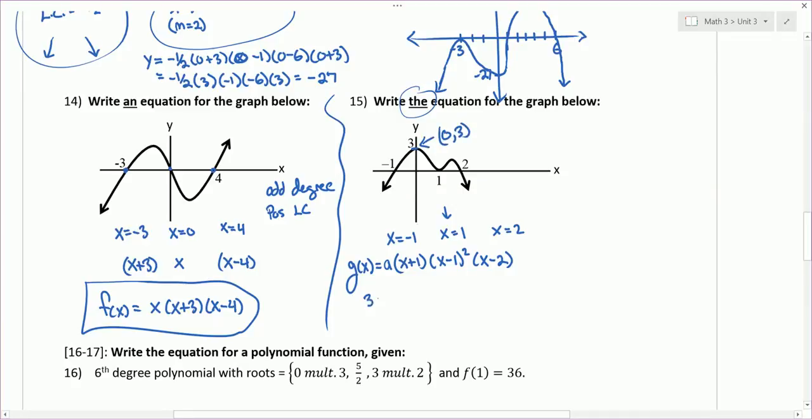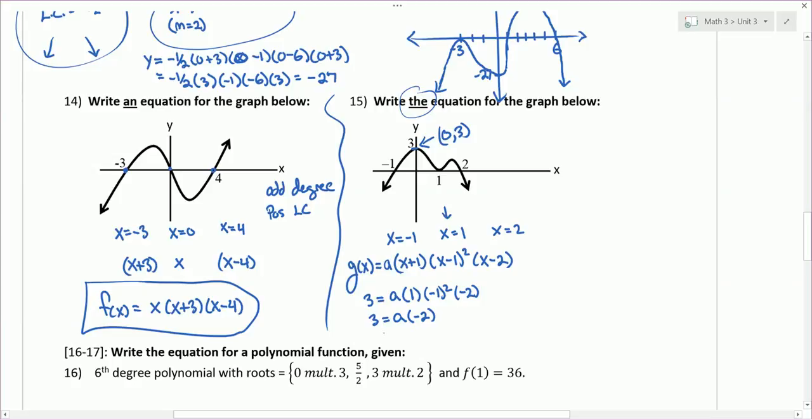And we get 3 is equal to a times 0 plus 1, which is 1, 0 minus 1 squared, so it's negative 1 squared, and 0 minus 2, which is negative 2. So 3 equals a times 1 times 1 times negative 2, which is just negative 2.